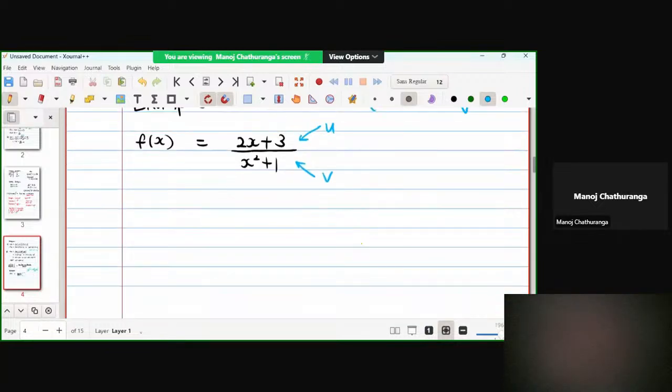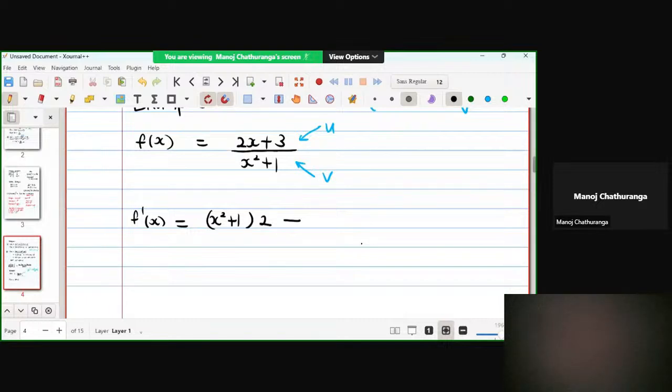To differentiate this function, we need to apply the quotient rule. Take the denominator. Now take the numerator and differentiate it. Derivative of 2x plus 3 is 2.